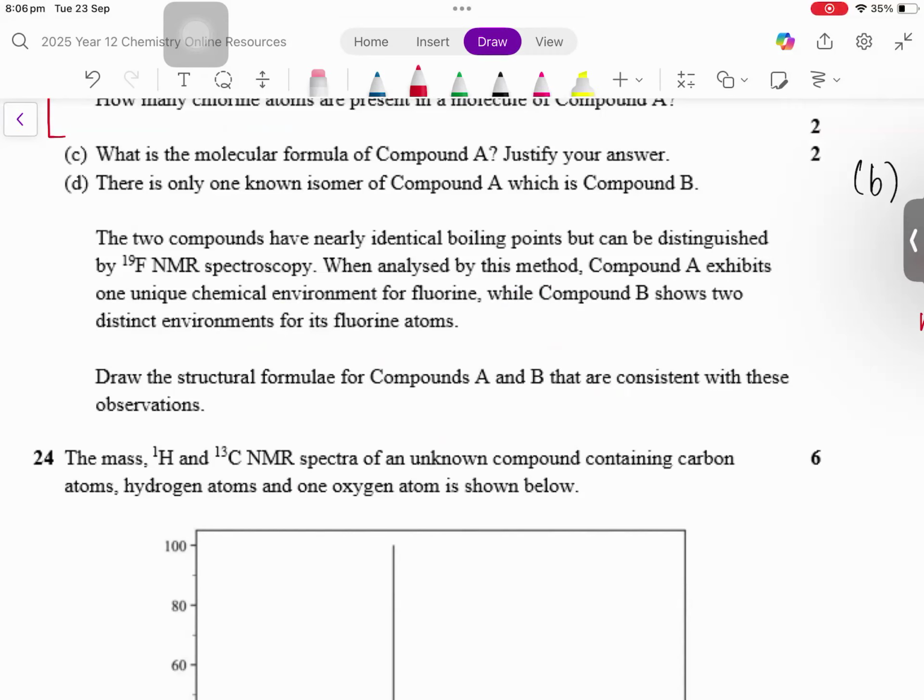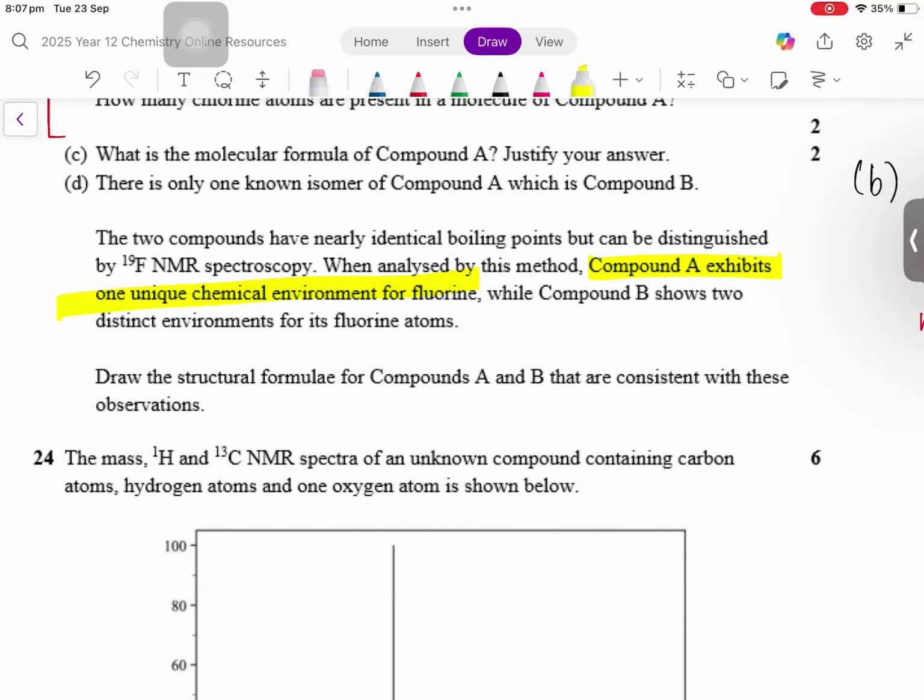How many fluorines did we figure out from part C? 4, okay? Guys, compound A exhibits one unique chemical environment for fluorine. You have 4 fluorine atoms and they all have one chemical environment, which means all 4 fluorine atoms look the same and what's around them looks the same.